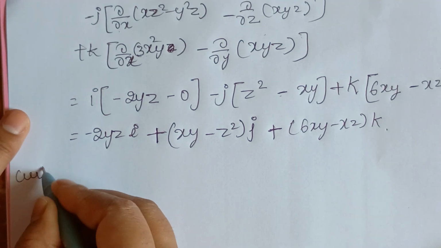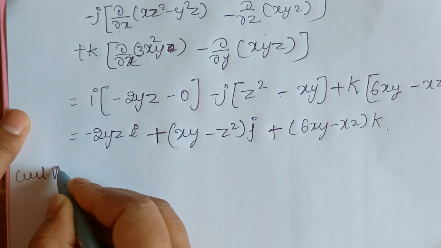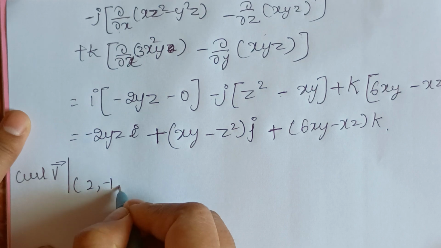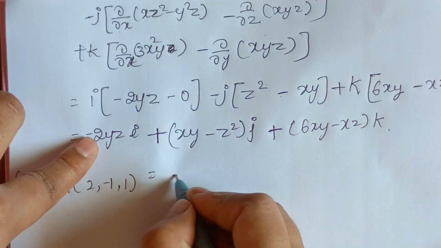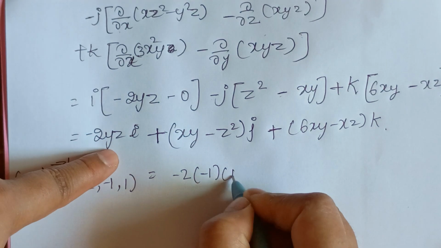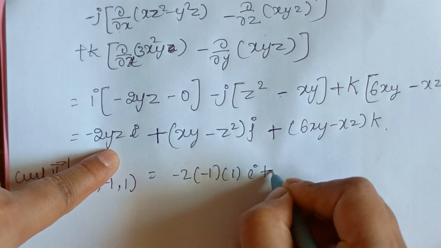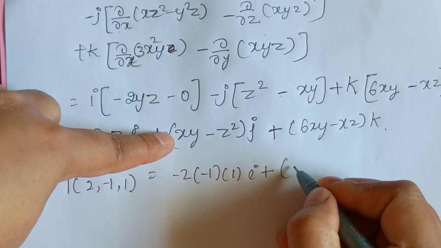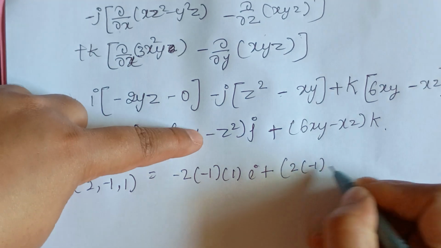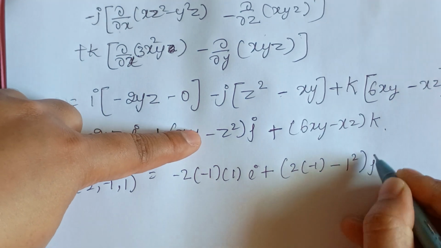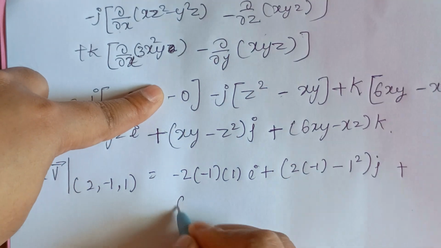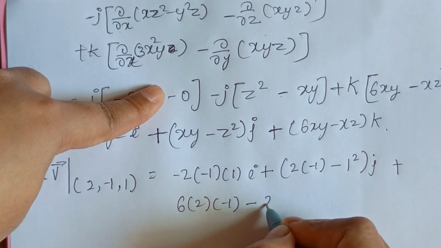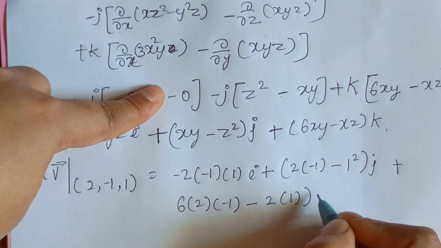Now curl of vector v at the point, what was the point, (2, -1, 1), right? So it's going to be minus 2 into minus 1 into 1 i plus 2 into minus 1 square j plus (6 into 2 into minus 1 minus 2 into 1) k.